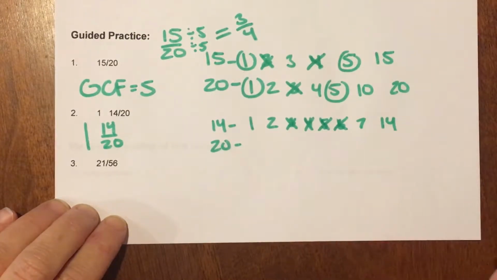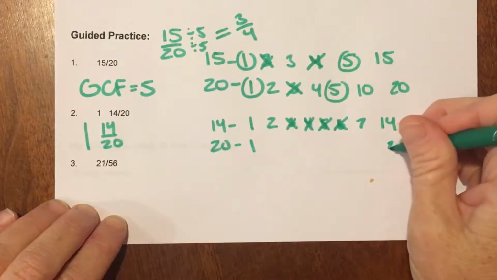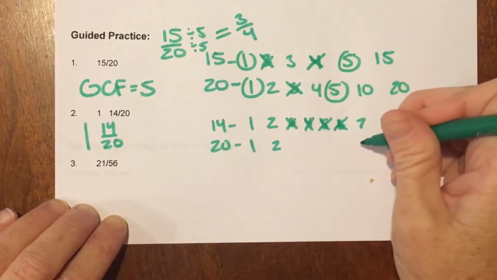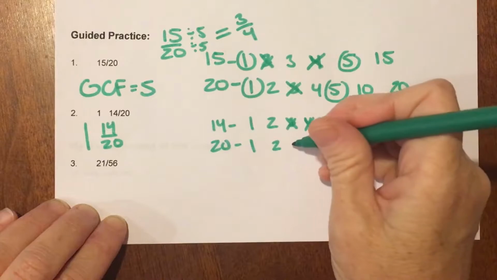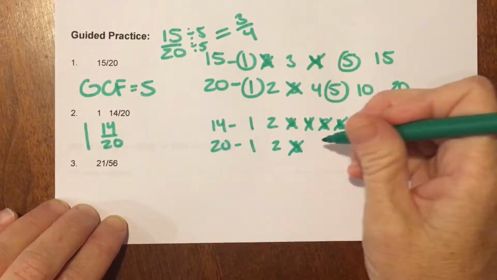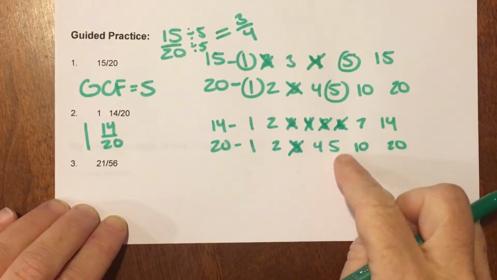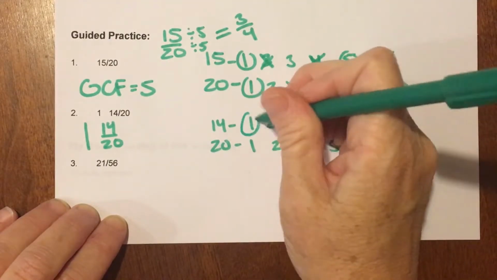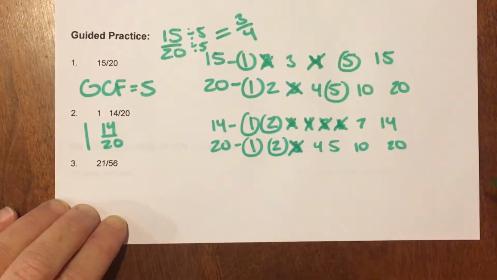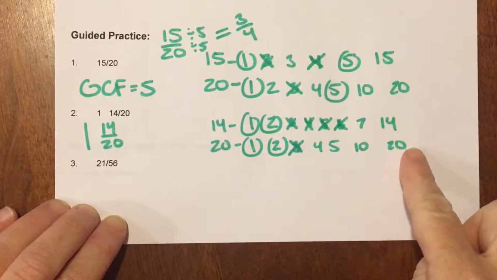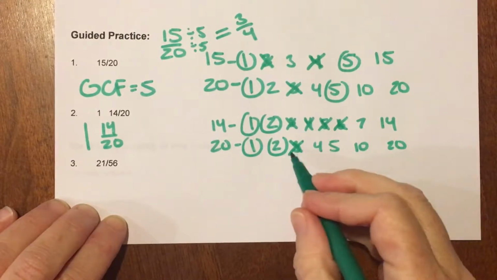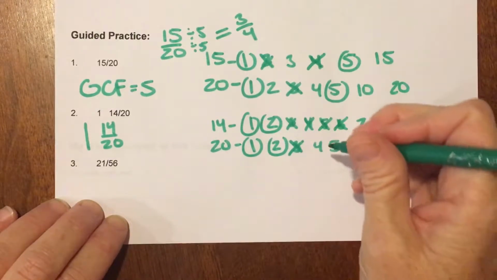That one doesn't have very many factors. 1 times 20, 2 times 10, 3 doesn't work, and 4 times 5. So they have 1 and 2 in common, and that's it. So the GCF this time is just 2.